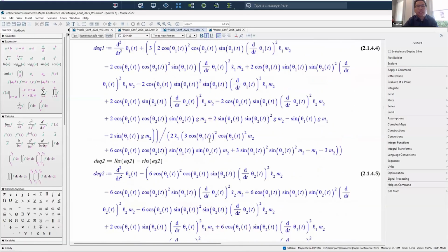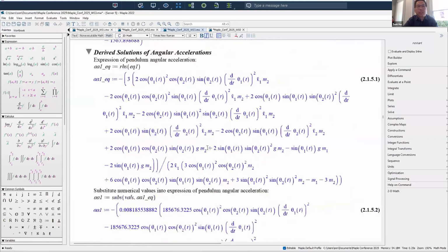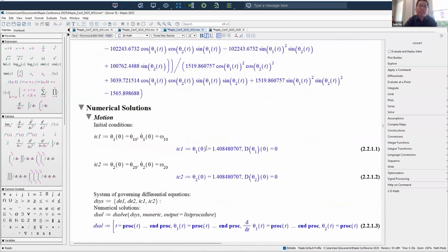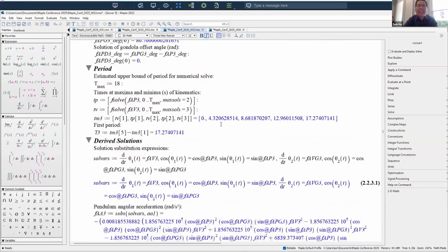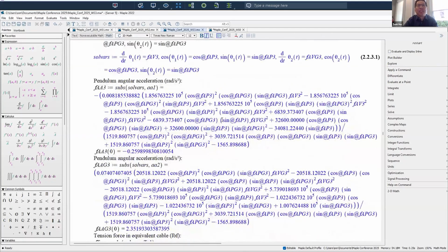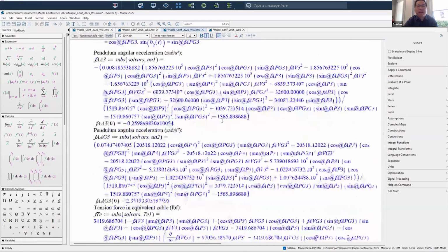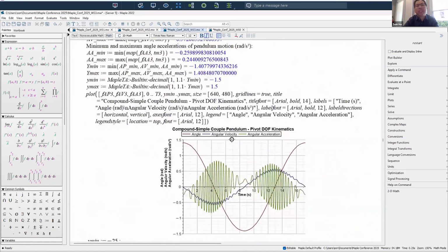There's a lot of math, but I think everyone can appreciate those long formulas. Then we solve it and plug in the values. And this is where we see the angle of the main pendulum still remains the same, but we have ripples in there that we don't see very well.